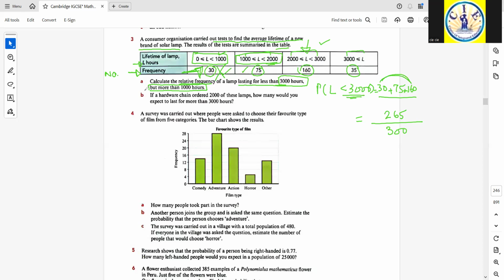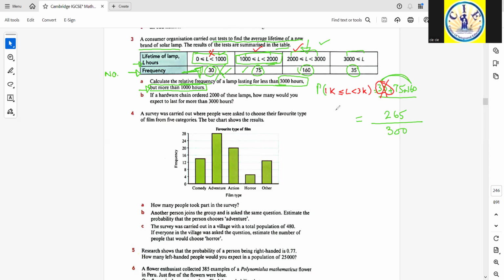But in this case, since we are given the other restriction, which is more than 1000, we need to include only this one and this one. So we need to exclude this one. So that's why for this, I need to skip this one. So let me have this one written like this: less than 3000, but greater than 1000.